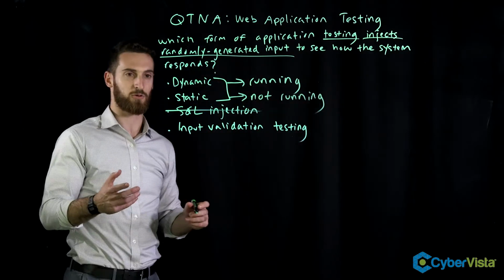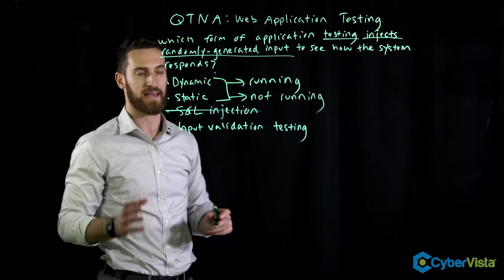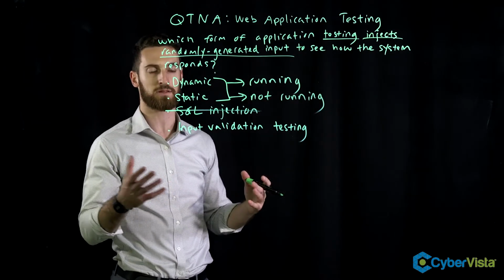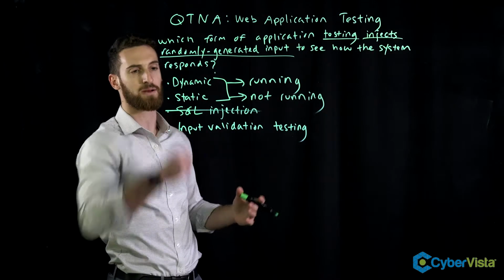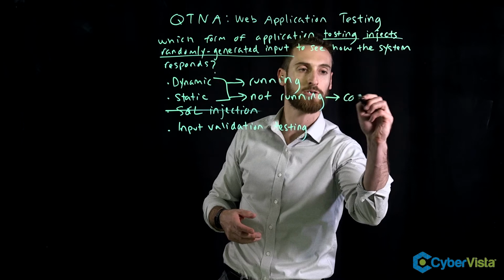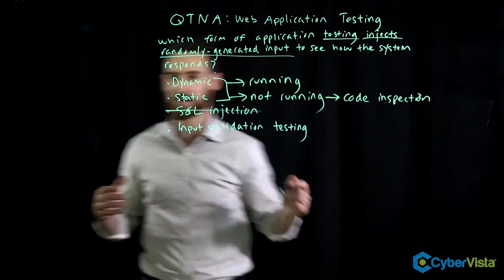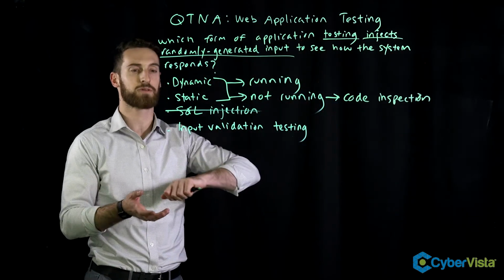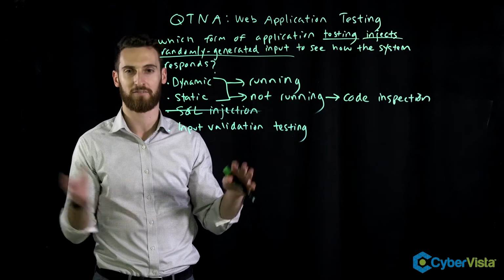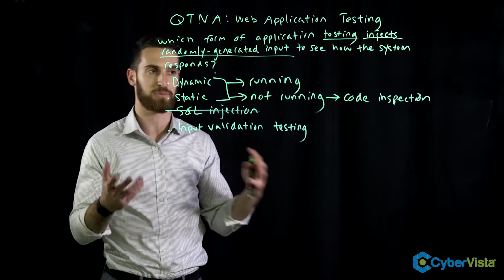When we talk about static, what we're really talking about is looking at the code, or code inspection. Which makes a lot of sense, right? Because if we're doing static testing, we're going to be reading the source code. And in order for us to read the source code, it actually can't be running.